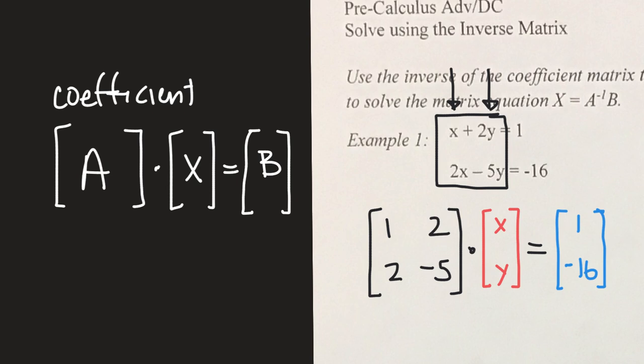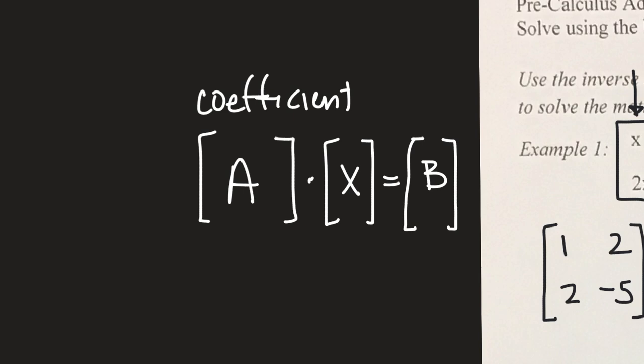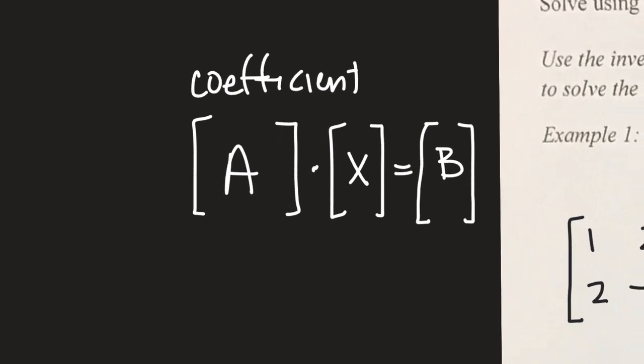So now that we have that, let's talk about what we do with that. Let's come over here. If we're going to solve this matrix equation, I want to get x by itself, which means somehow I need to move my A matrix over to this side. Okay, and we don't divide a matrix by a matrix. Matrix division is not a thing.